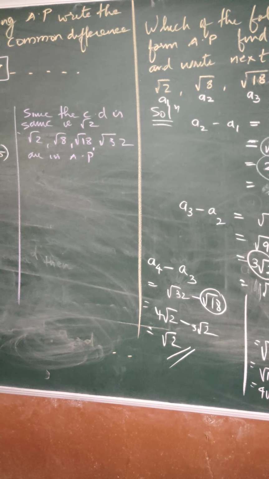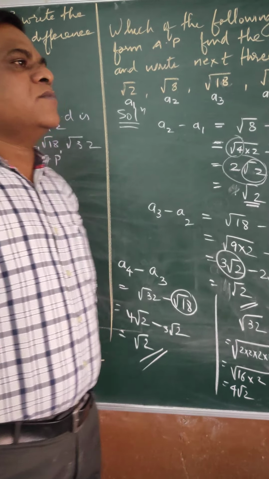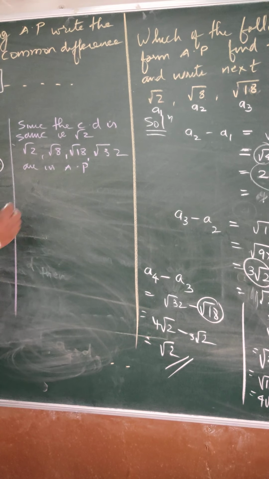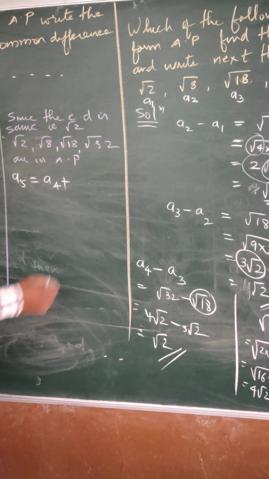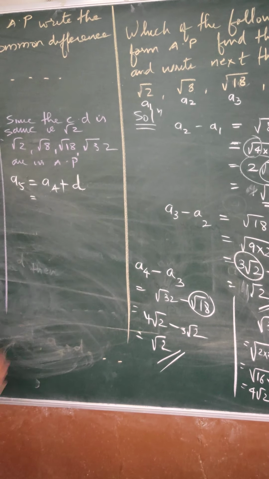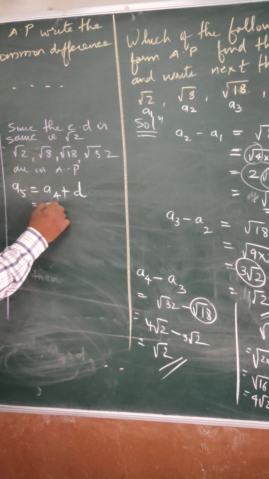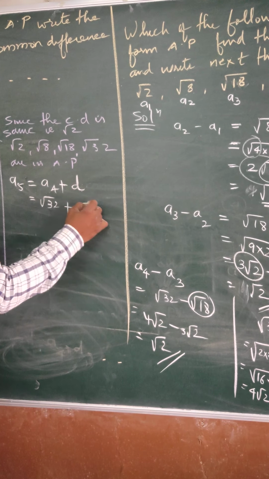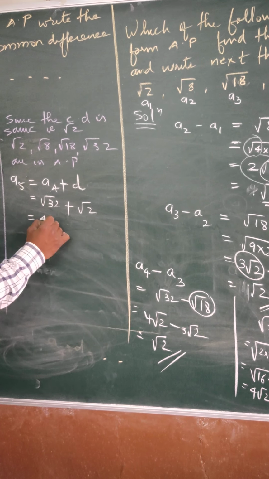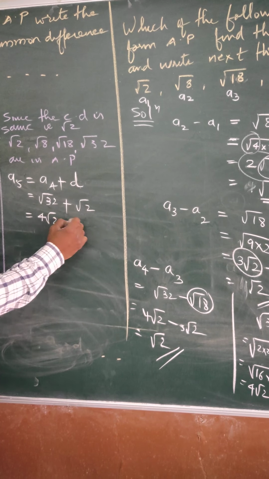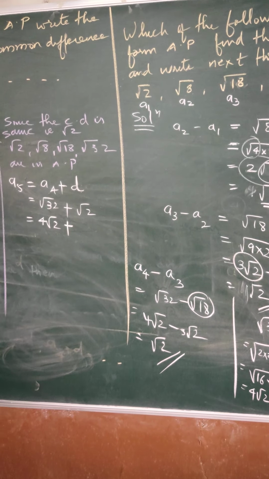Next three terms means, here four terms are already given, so the next term will be A5. A5 will be A4 plus the common difference d. The fourth term is the square root of 32, so the square root of 32 plus root 2 becomes, we know that the square root of 32 is 4 root 2, which we already obtained, plus root 2, that is equal to 5 root 2.